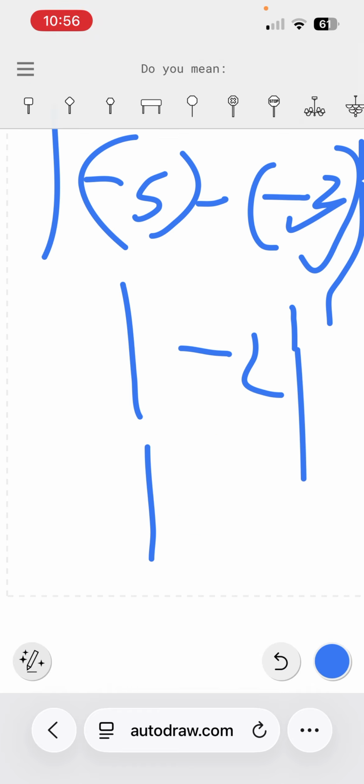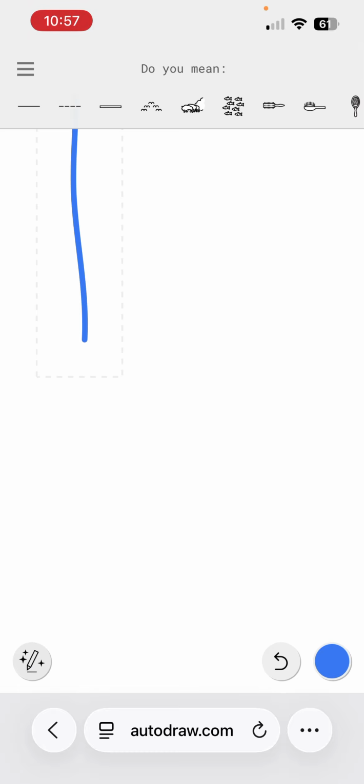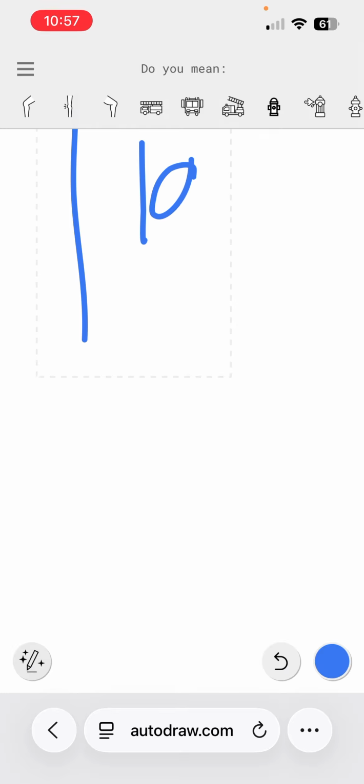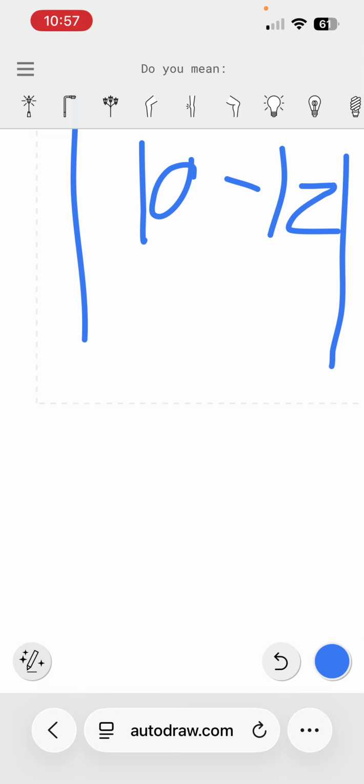Now, let's do one more. Let's do 10 minus 12 written in absolute value. Now 10 minus 12. 10 minus 10 will be 0. 10 minus 11 is negative 1.